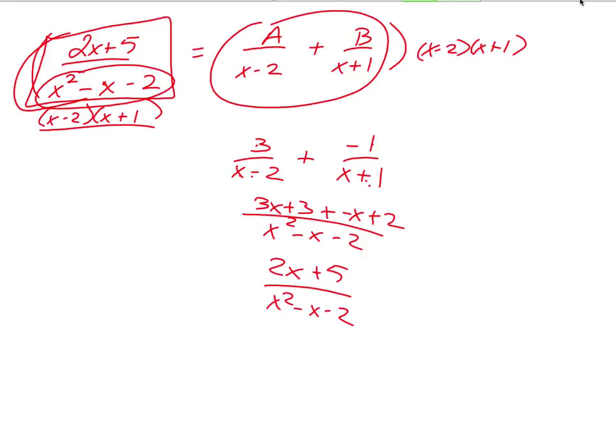Okay. So let's go through the steps again. What's our first step? Back to the denominator. Second step? Multiple fractions. Third step? Multiply everything by the denominator. Fourth step? Distribute. Fifth step? Get the x's closer together. Sixth step? Factor out the x.